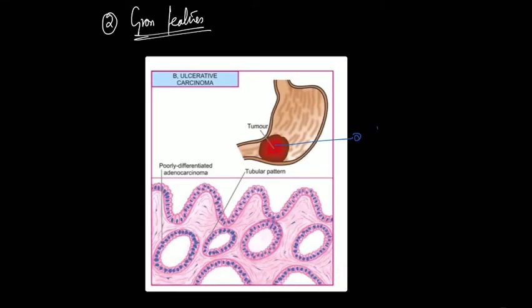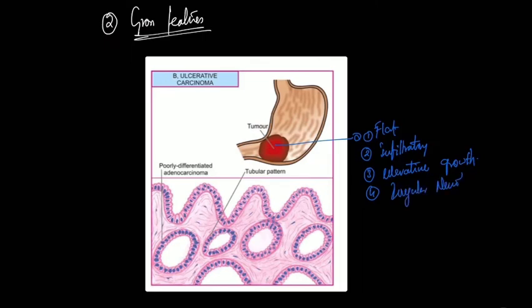The tumor is flat, yes, it is infiltrating, it has an ulcerative growth, yeah, and your irregular necrotic base. We also see that its location is of your gastric canal.